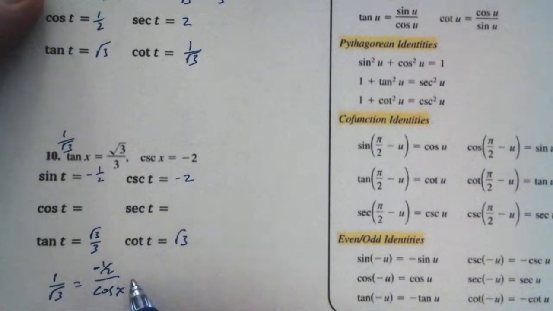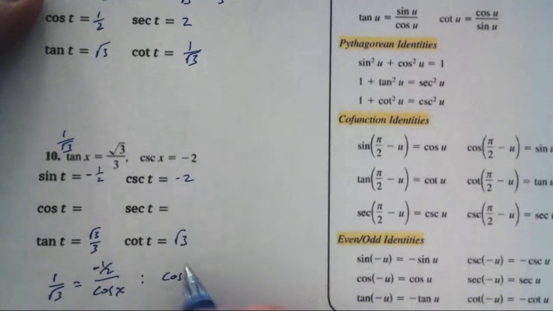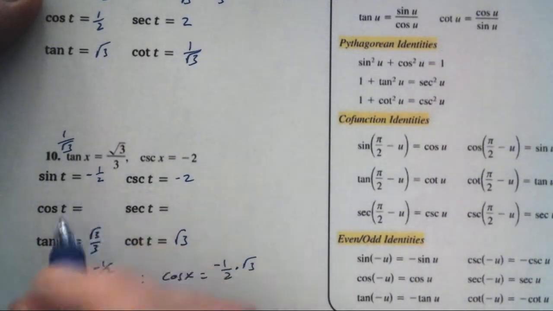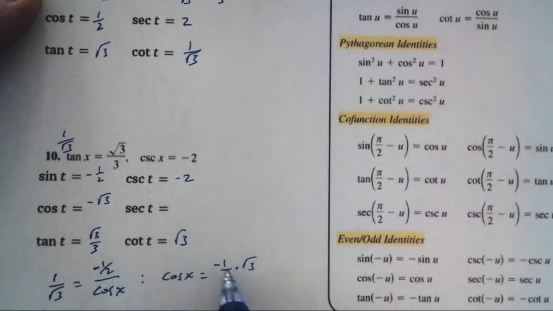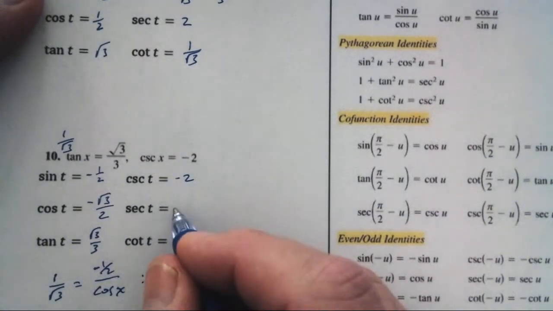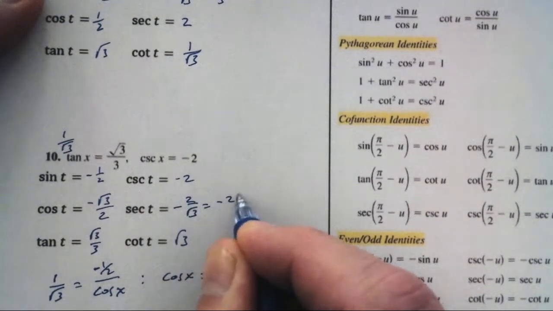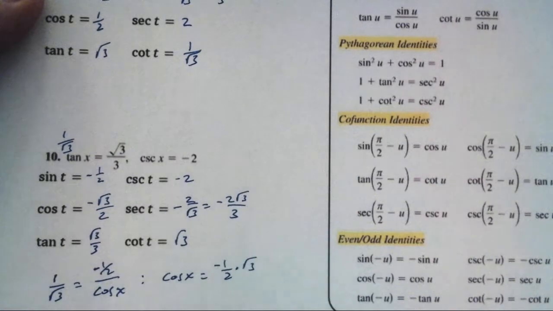So if I cross multiply here, I get cosine of x equals -1/2 times square root of 3, or cosine is -square root of 3 on 2. And secant, therefore, would be -2 on square root of 3, or -2 square root of 3 on 3.